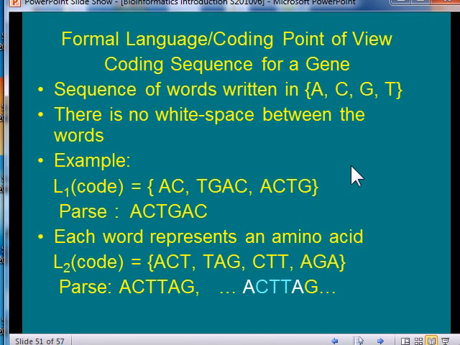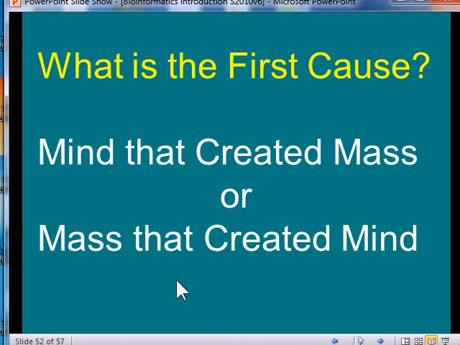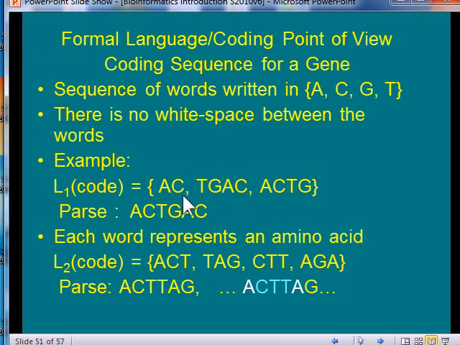Languages come in many different forms. Don't let this slide get to you. But here you have an alphabet, A, C, G, and T. And you have examples of 2 languages here. In one language, I ask you to look at the sentence ACTGAC and parse it. Tell me what words are here.